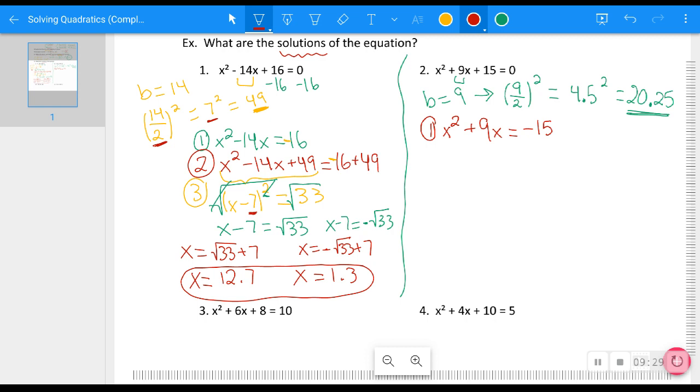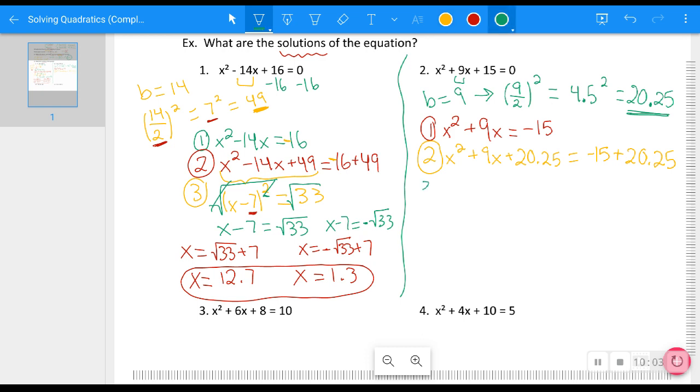Then our second step, we're going to add in that c value that we found. So x squared plus 9x plus 20.25 equals negative 15. And what we do to one side, we have to do to the other. So we're going to add that same number, plus 20.25.